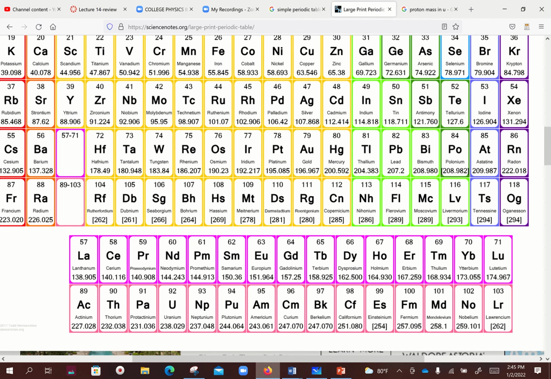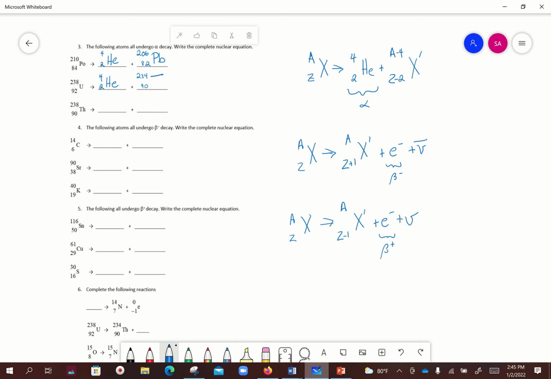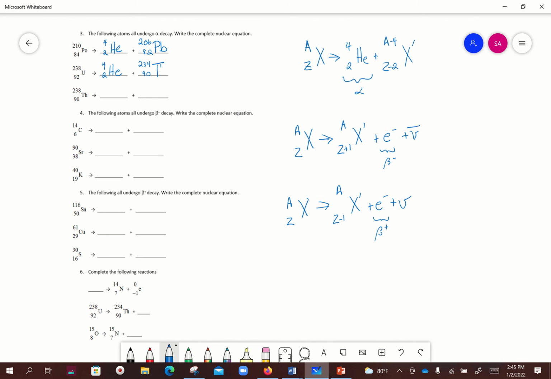Where's 90? 90 is down in this extra bit at the bottom, it's thorium, Th. Alright, so I'm going to put in the symbol Th.